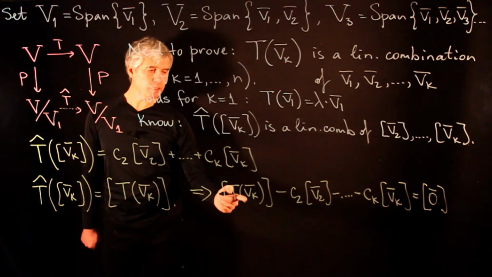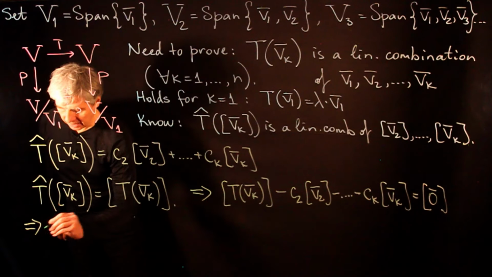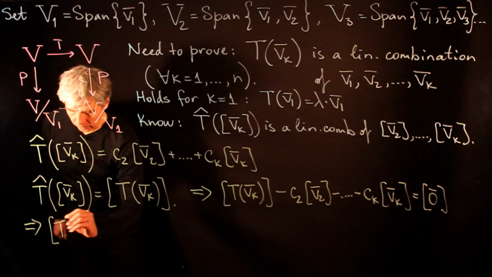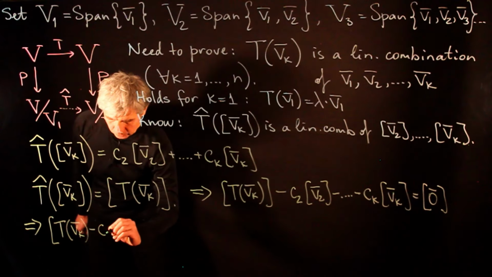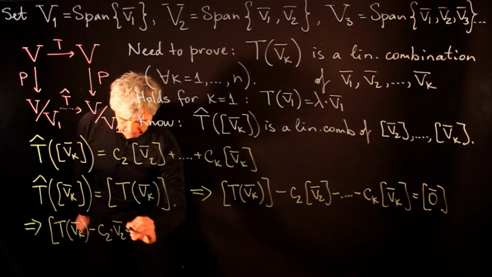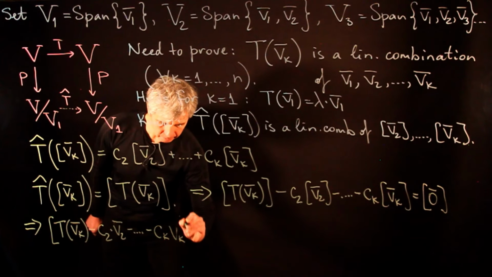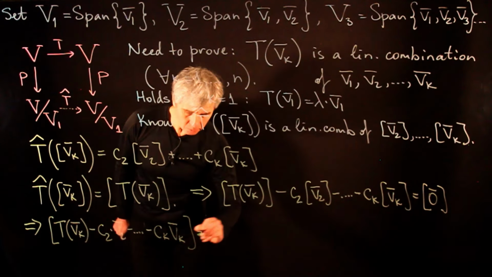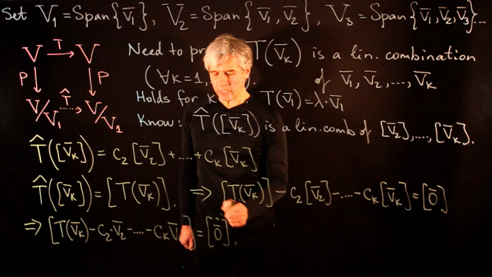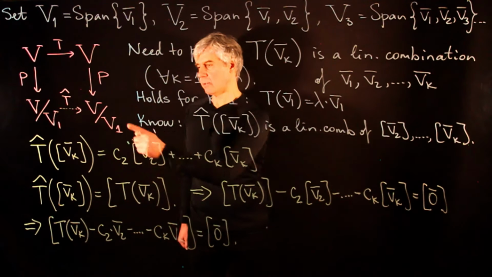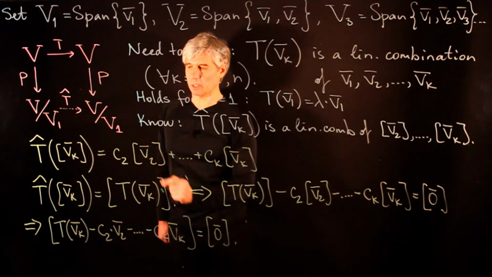And using our definition of addition of equivalence classes, we get that the equivalence class of T of Vk minus C2 times V2 minus Ck times Vk is equal to the zero equivalence class. But what is the zero equivalence class? So the zero equivalence class is the subspace that we quotient out.